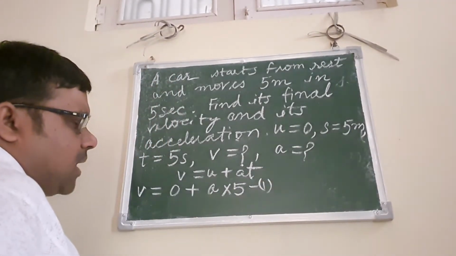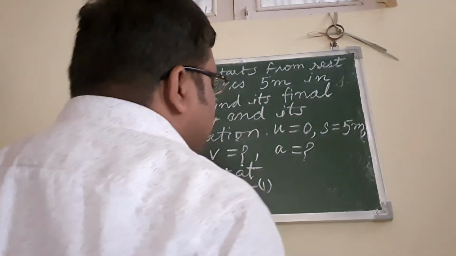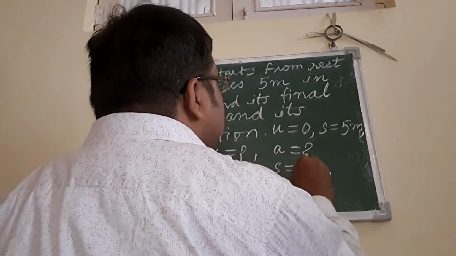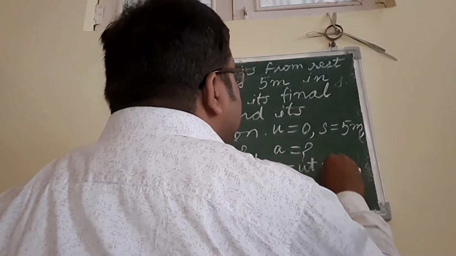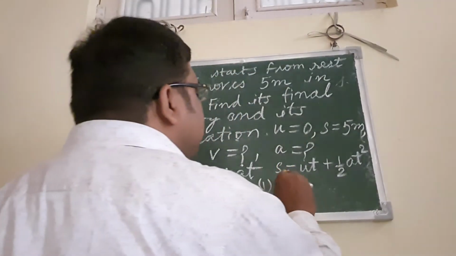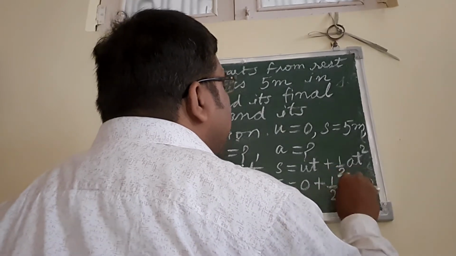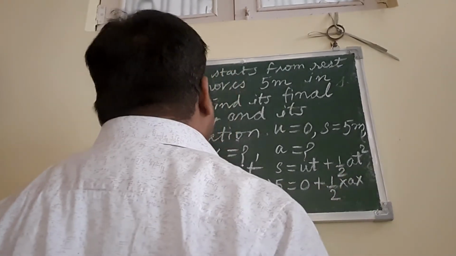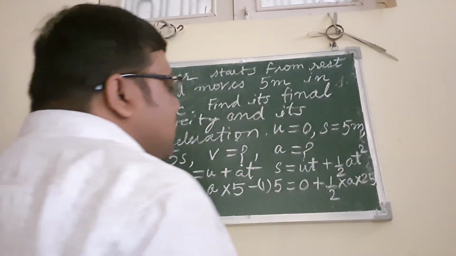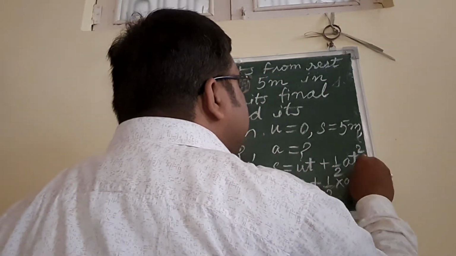Now we are applying the second equation of motion, s equal to ut plus half at square. Substituting the values, 5, u is 0, so it becomes 0 plus half into a into t square, that is 25. So this will become, this 5 cancels with this and becomes 5.